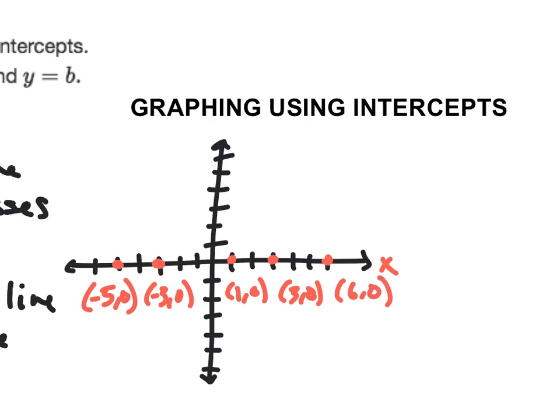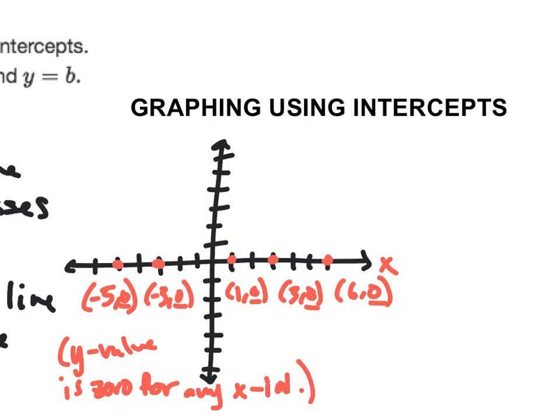Now, what you notice here is that at any point along the x-axis, the y value is 0. So for all these points, the y value is 0, for any x-intercept, okay?